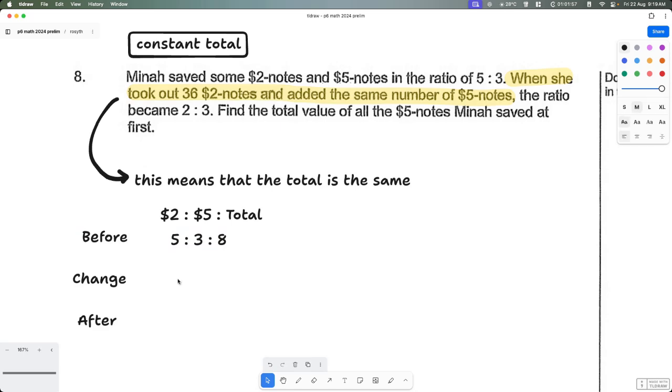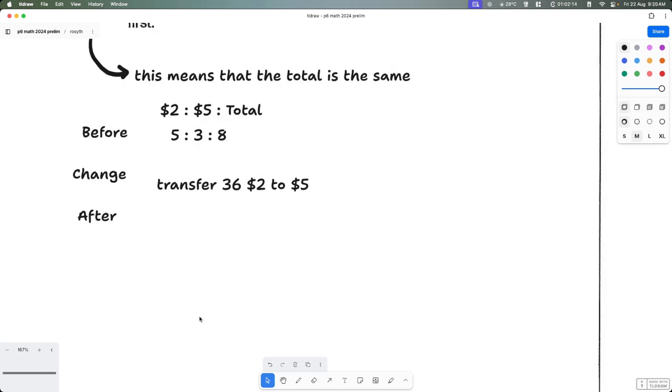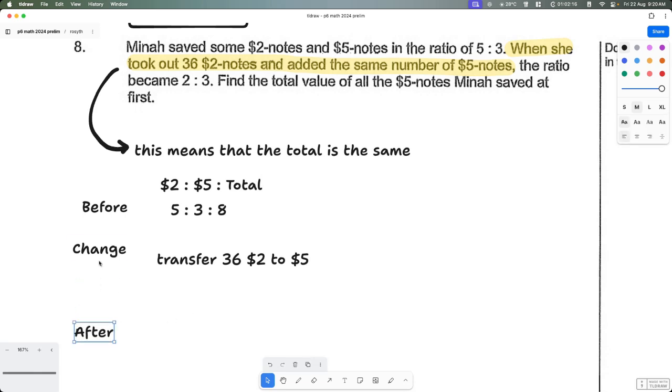The change was basically taking out 36 $2 notes and transferring them to $5 notes. That makes sense, same number. So after is 2:3, which means the total is 5.